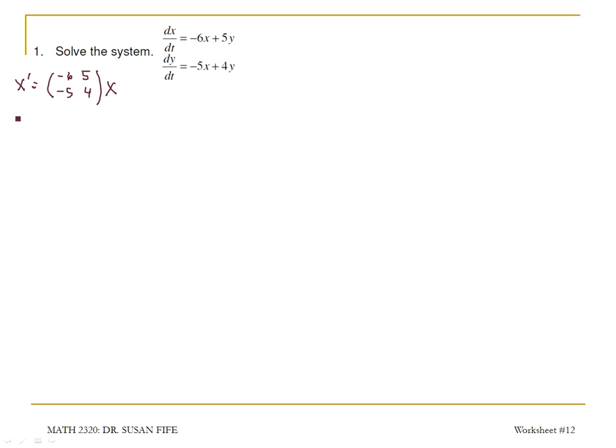So to find my eigenvalues, to find lambda, I want to solve the determinant of A minus lambda I equal to 0. So A minus lambda I is going to subtract off lambda from the diagonal. It's going to give me -6 minus lambda, 5, -5, and 4 minus lambda.